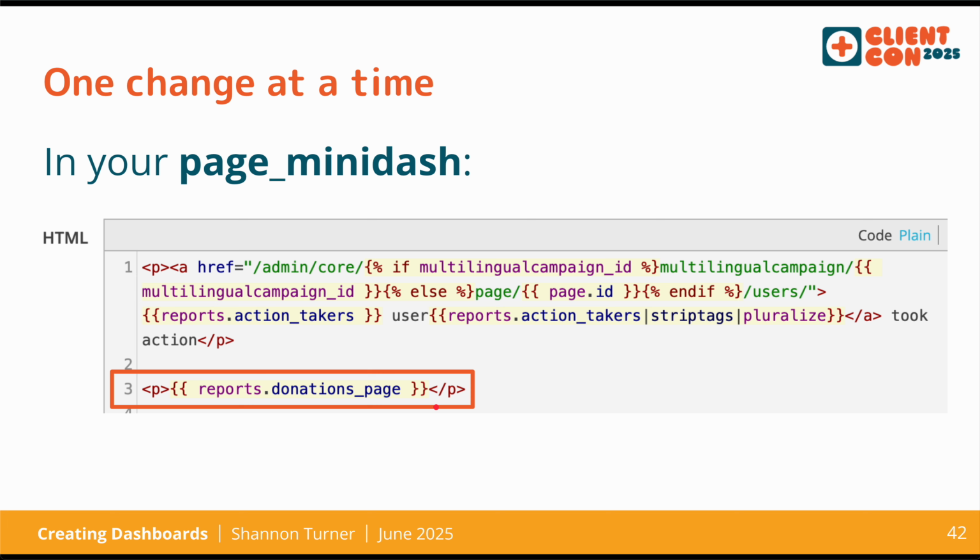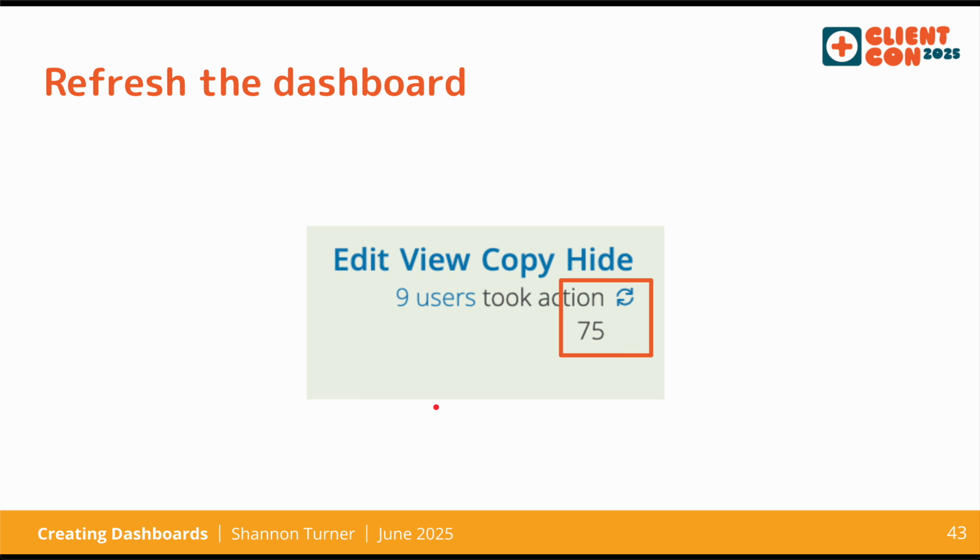But I really, really recommend making only one change at a time. That way, if there's any errors or mistakes, or if something doesn't look right, it's much easier to fix than if you added a bunch of things at once.